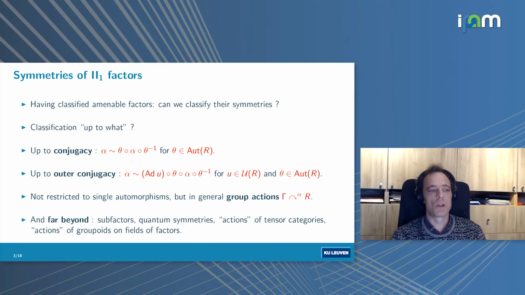And actually, I will not go into that at all, there are many other variants that go beyond group actions. For instance, actions of groups on factors, or rather than on fields of factors.